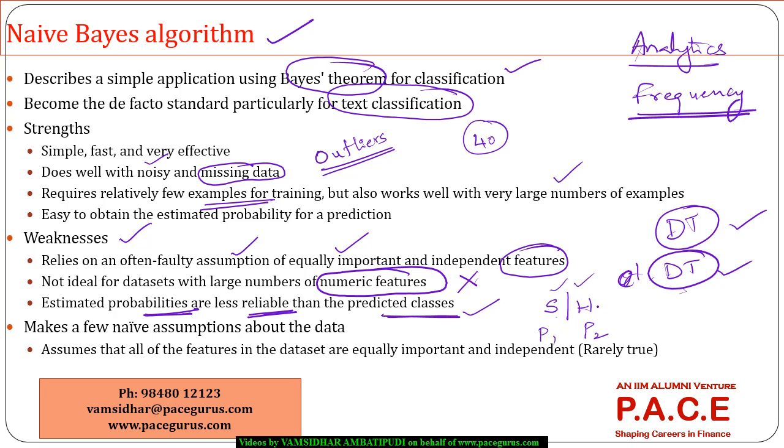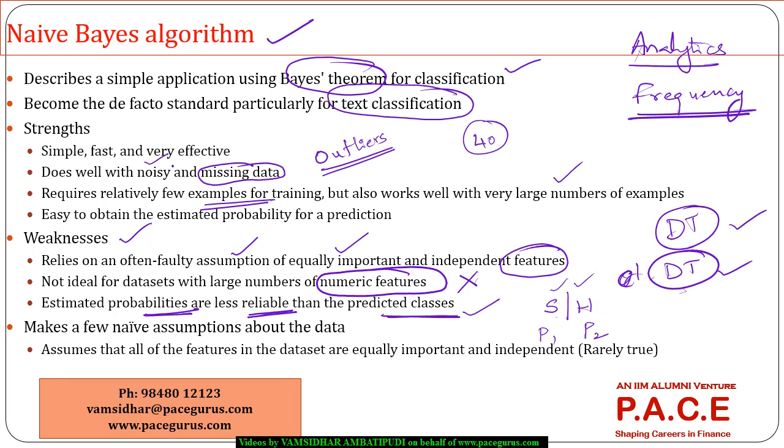The way it computes the probabilities of belonging to the classes is less reliable. So if I really look at the probabilities per se, they are much less reliable. But if I want to see whether a particular mail goes into spam or ham, I can very well rely on the output produced by naive Bayes.